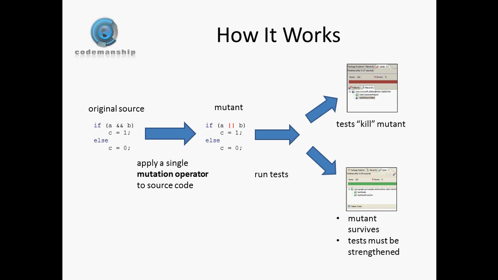For example, we might change an AND into an OR. And then we run our test suite. If our tests fail, then we say that the test suite has killed the mutant, so it's been successful in that case. On the other hand, if none of the tests fail and the mutant survives, then the tests need to be strengthened potentially. So we would revisit the tests and look to see whether we could make them stronger or better in some way.